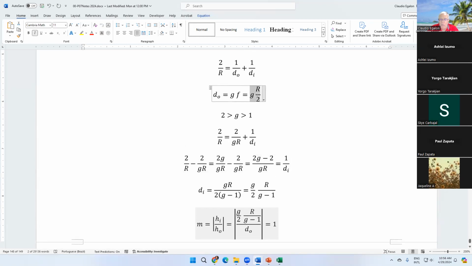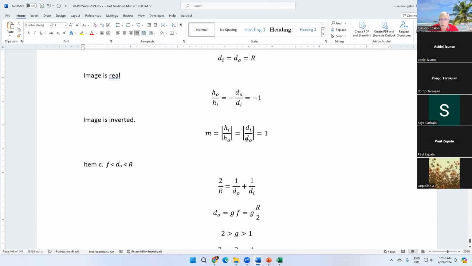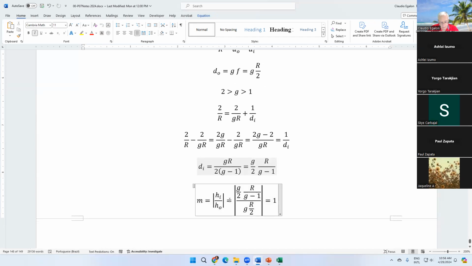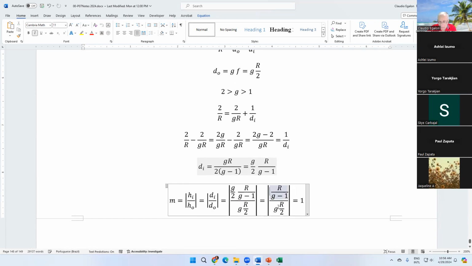Or GR over 2. GR over 2. I'm going to put the order. Okay, I want this one here. And we can go ahead, cancel this one and this one, right? When we cancel, we get something like that.